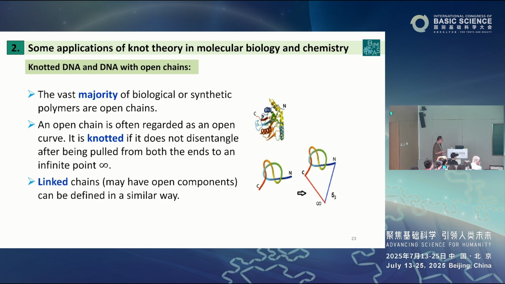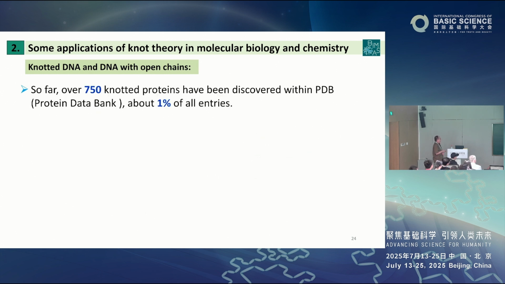We can also define linked chains in a similar way. So far, over 750 knotted proteins have been discovered within the Protein Data Bank, which is only about 1% of all entries.